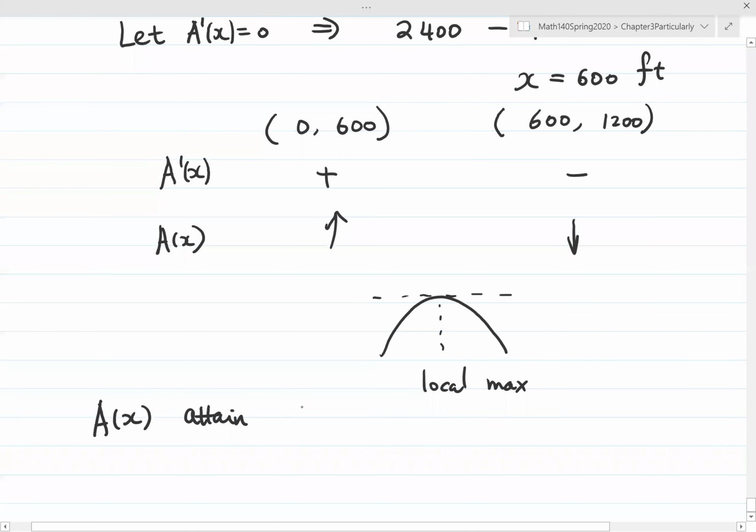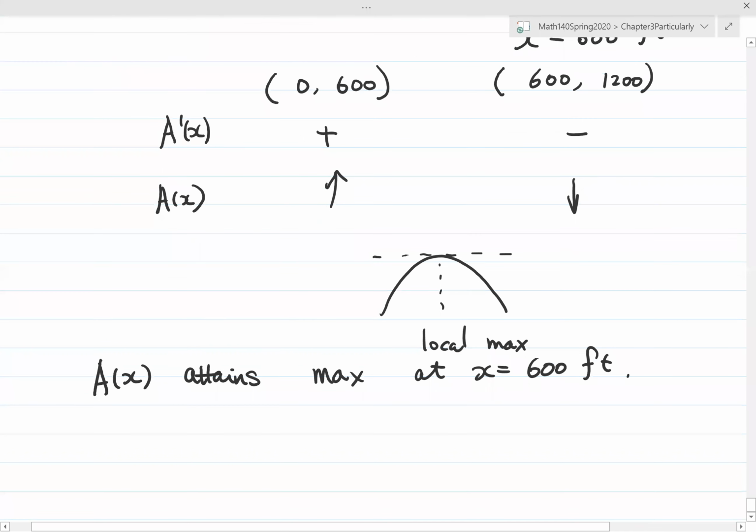Here, the local max turns out to be the global max. A attains its maximum at x equals 600 feet.